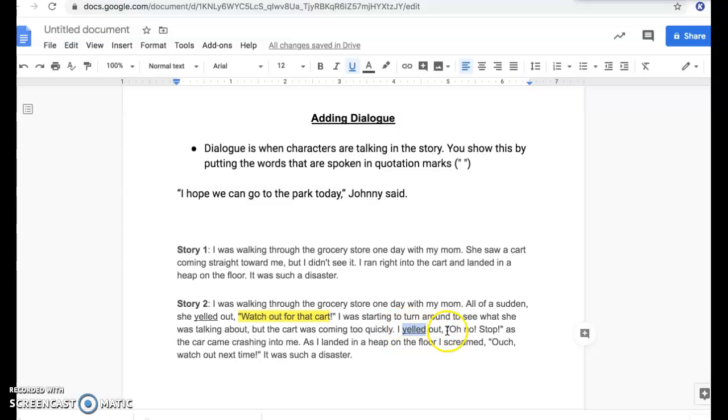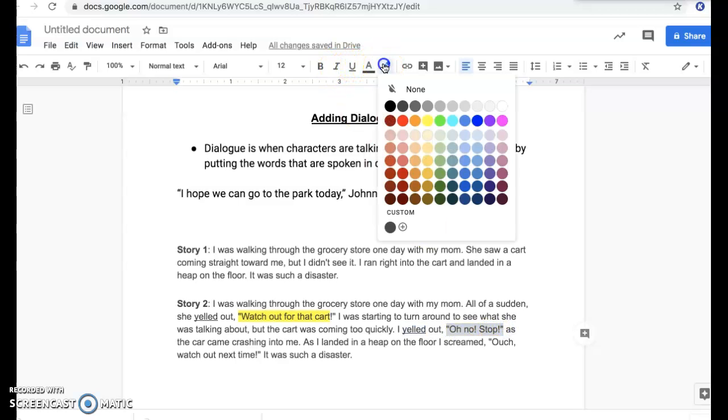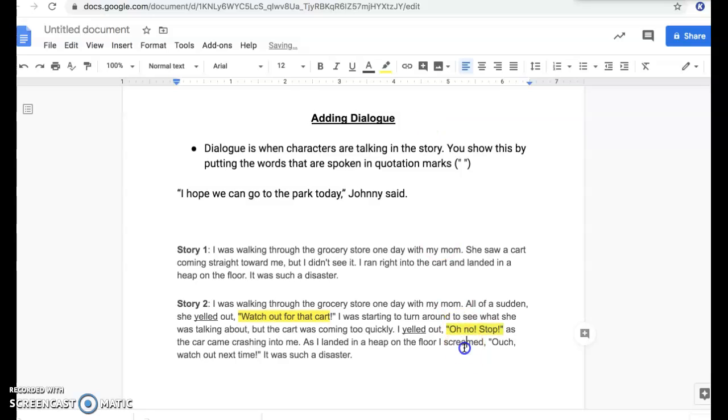So it says, I yelled, "Oh no, stop." So again, this can show the reader how the character's feeling. How do you think the character is feeling, the one who's getting the cart coming right at them? Probably a little bit scared because they're shouting, oh no, with an exclamation point, stop. And that happens as the cart came crashing into me. And this should say cart.